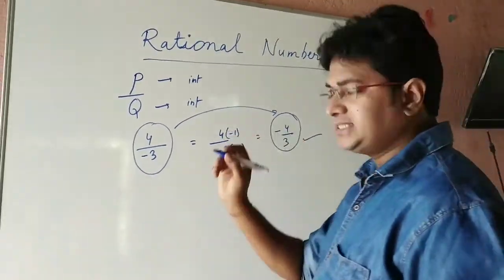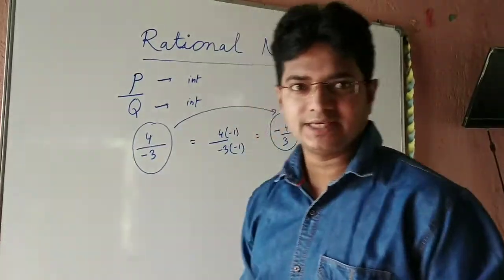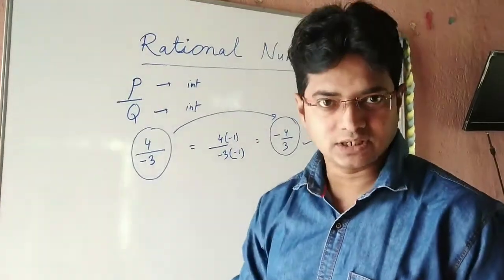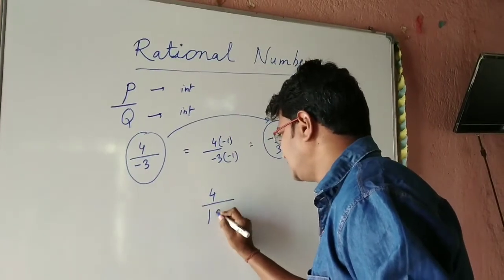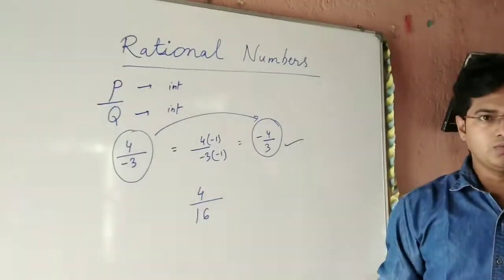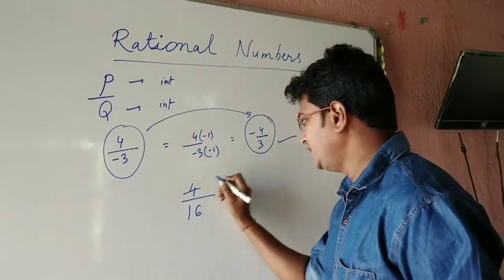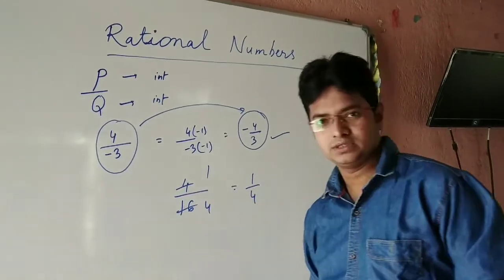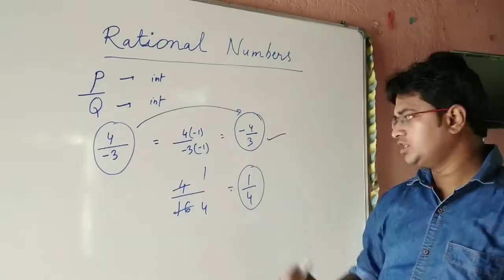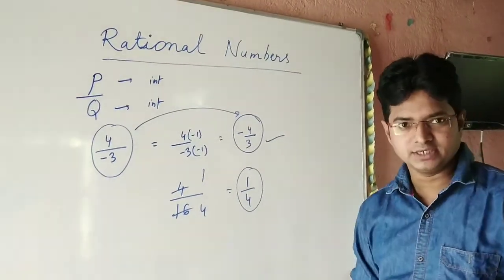Now, the next topic that you need to understand is the simplest form of a rational number. If it is given as 4 by 16, the first step is to reduce it. So your answer is 1 by 4. It is the reduced form. Now the question arises, why are we reducing it?